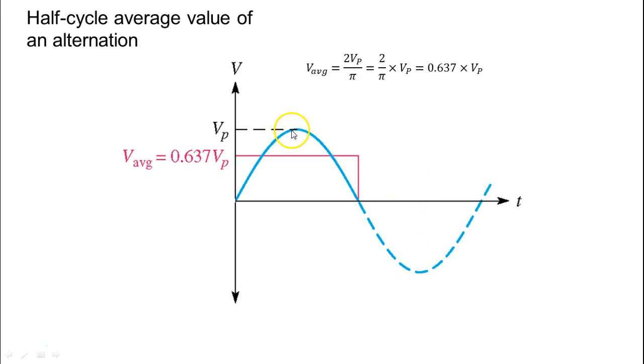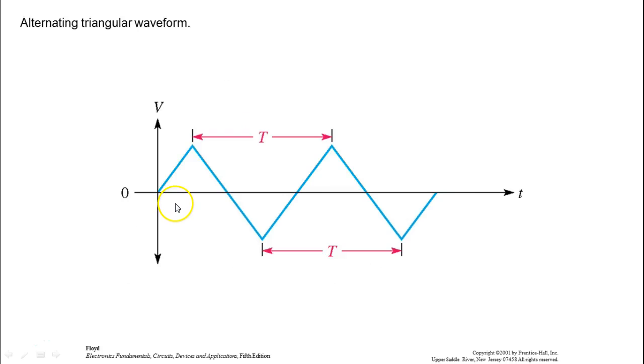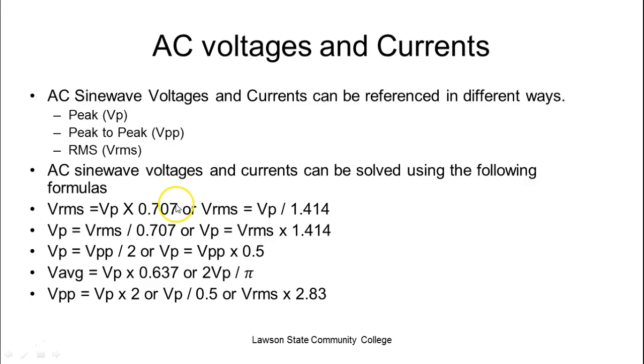So that means if I was to make a measurement between the positive alternation V peak and the negative alternation V peak, we refer to that as V peak to peak, which is important because that's what the test equipment, the oscilloscope, actually measures. But if I know V peak, I can calculate V peak to peak by just multiplying it by 2.